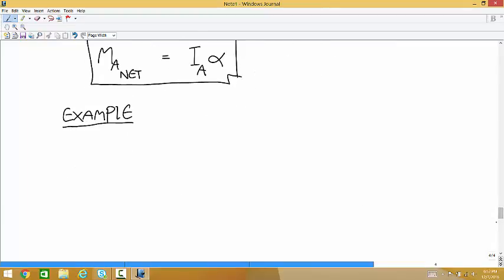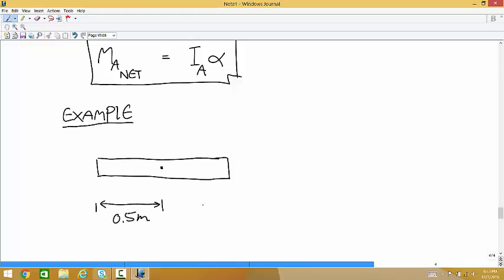So let's say that we have a board that's connected to the wall. It has a length of 1 meter, so from the end to the center is half a meter on both ends.